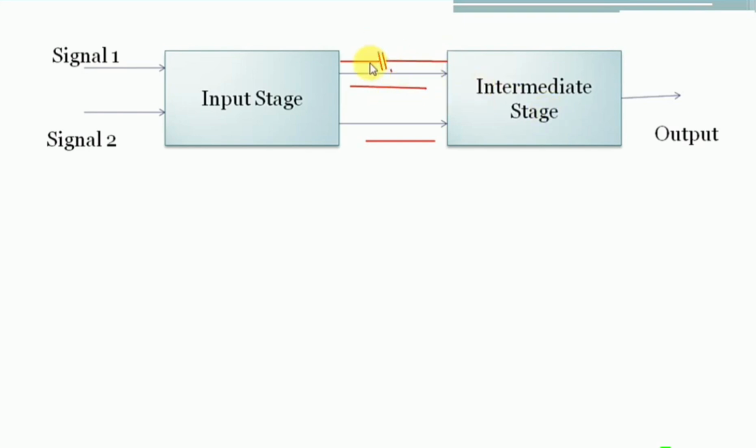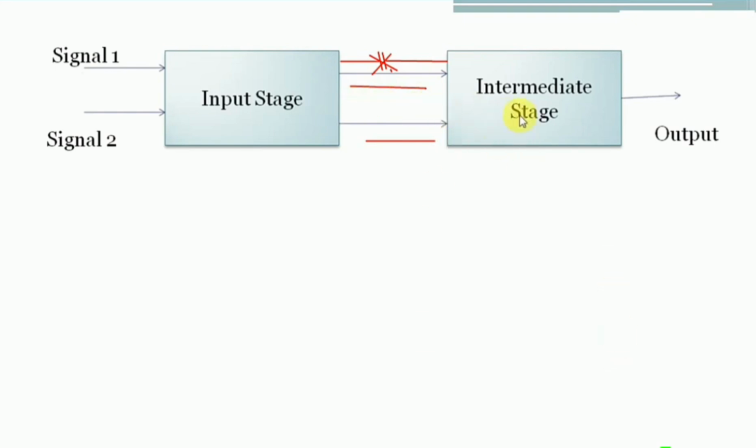Why we have to use the coupling capacitor: we know from the basic property of a capacitor that it blocks the DC signal and allows only the AC signal. If we do not use this coupling capacitor between the two stages, then along with the amplified version of AC at the input stage, some part of DC will be transmitted to the intermediate stage.